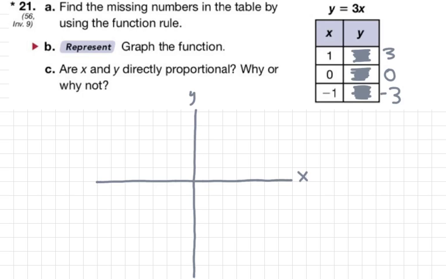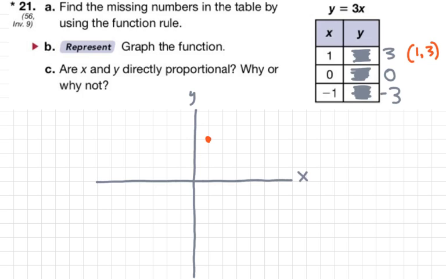Okay, so first I want to make these coordinates just like that, 1, 3. So X comes first, right? X comes first because it's first in the alphabet. Also, I read left to right. So I start with how I read. So this becomes a 1. And then I go up 3. 1, 2, 3. So here is my first coordinate.